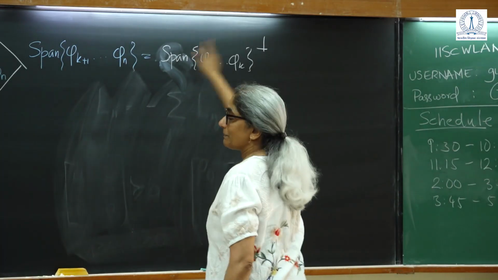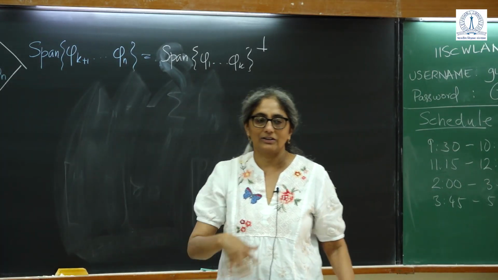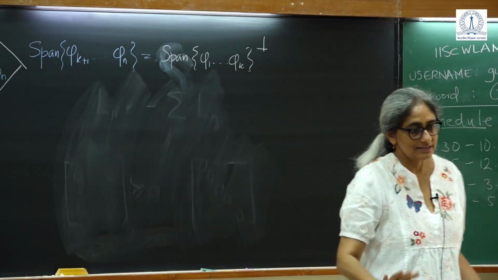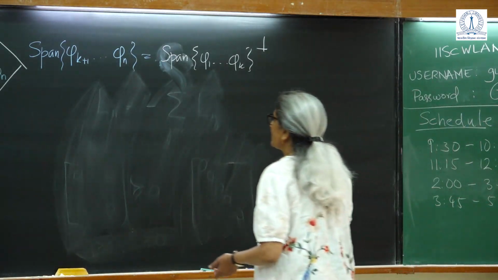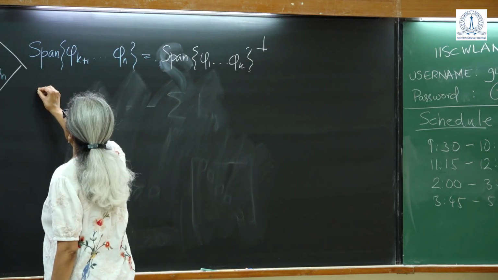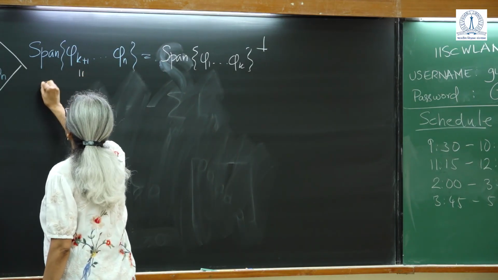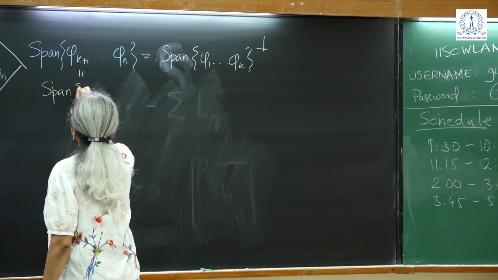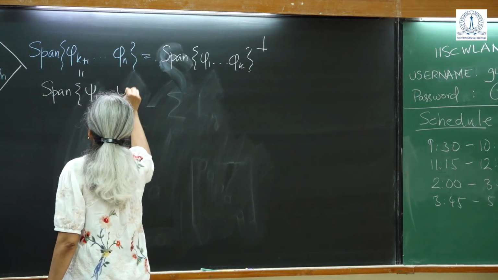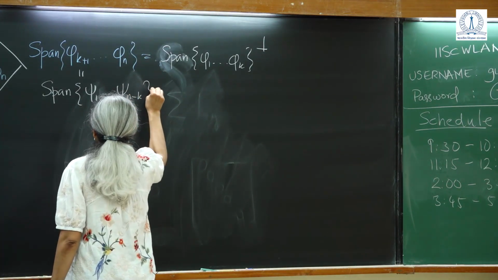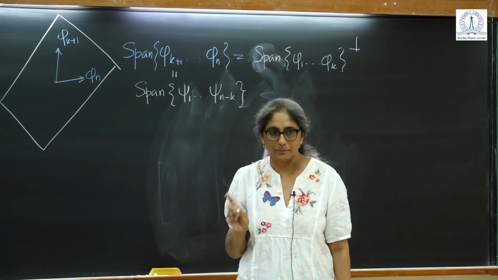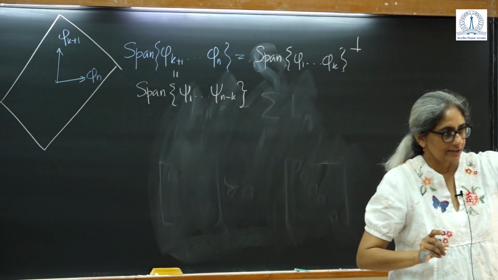We are allowed to mess up eigenspaces, right? The psis are not going to keep the other eigenspaces intact. So that's fine. So the key observation is that this must also be the span of psi 1 through psi n minus k, right? They have to come from that space. They have to be mutually orthogonal.